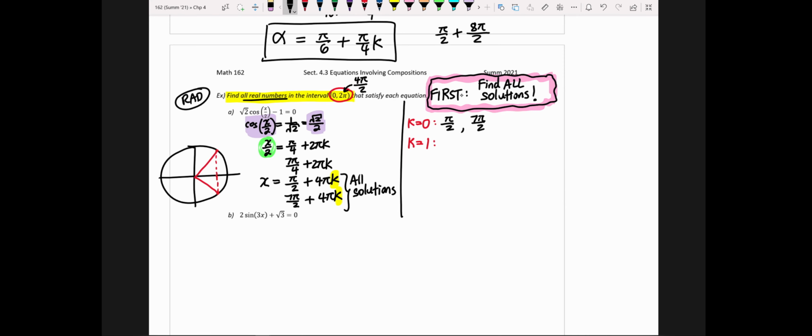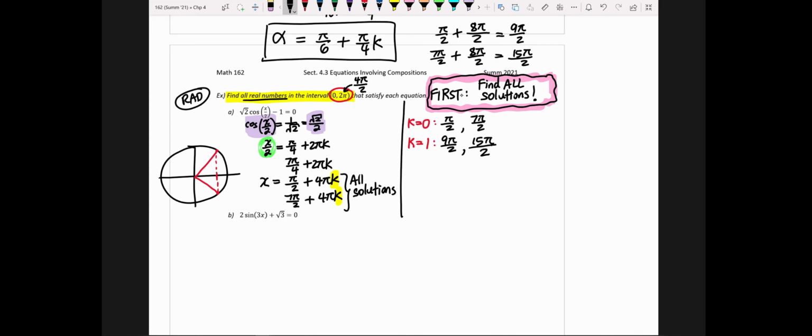So when we plug in k as 1, we have pi over 2 plus 8 pi over 2. That's 9 pi over 2. When we plug in k as 1 to the second row, this is 7 pi over 2 plus 8 pi over 2, which is 15 pi over 2.